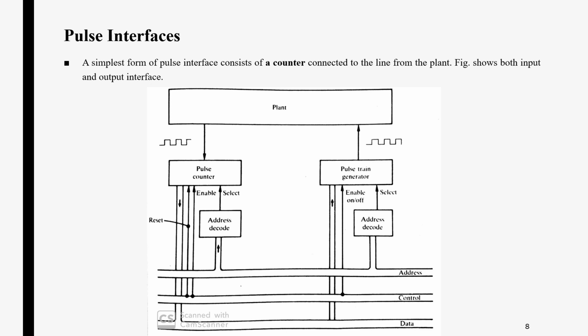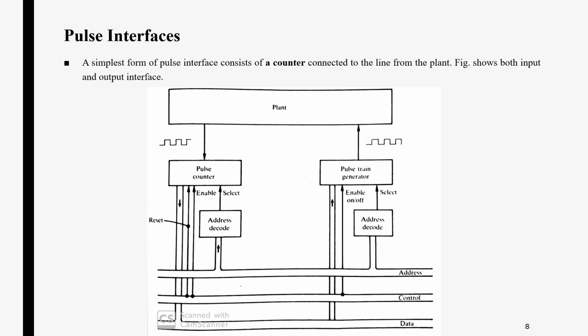The second type is a single pulse of variable length. The computer raises or lowers a logic line and thus sends a variable length pulse to the plant, or it loads the register with a number specifying the length of the pulse required, and the interface logic is used to generate the pulse.